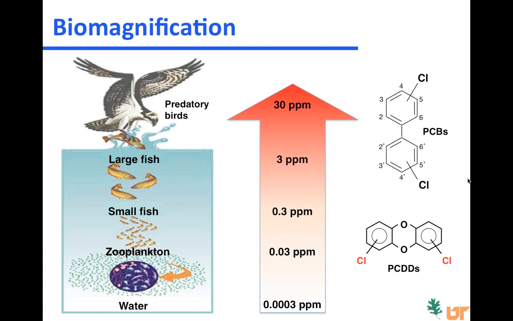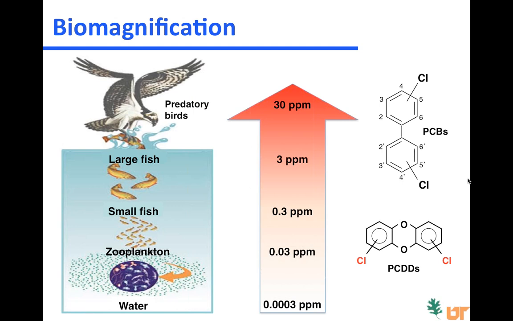On the next slide, I show you that this has a significant effect for the environmental fate of these chemicals. So shown here, it says biomagnification. It has to do with these more highly chlorinated compounds that have several carbon atoms, like PCBs, polychlorinated biphenyls, the PCDDs we discussed before.